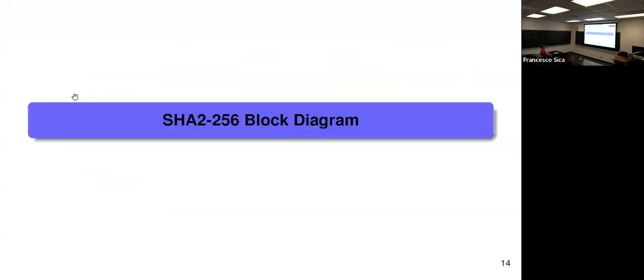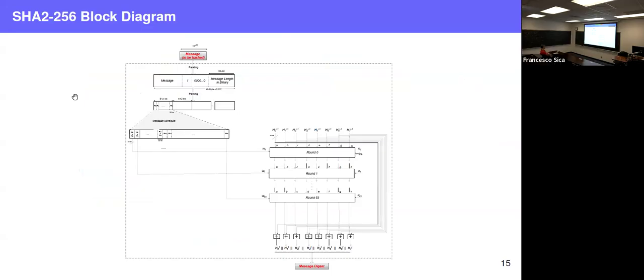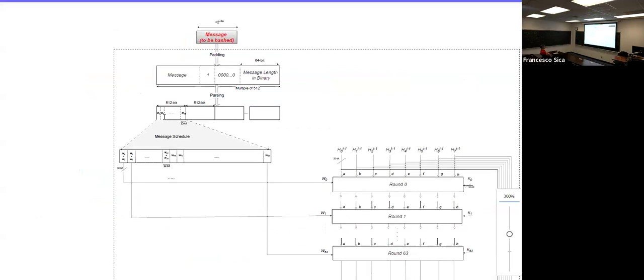Let's have a look at the SHA-256 block diagram. As you can see here, the original message comes into SHA-2, and then it is padded to make sure it is a multiple of 512 bits by adding a 1 and concatenating a bunch of zeros in the last block.